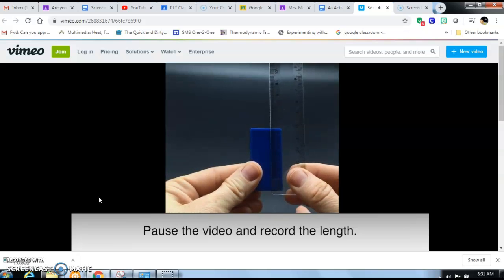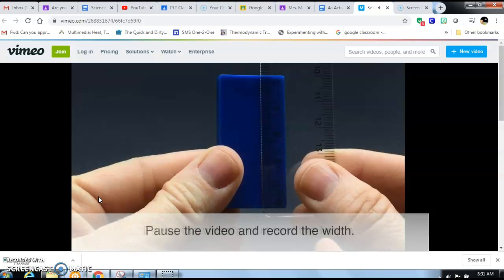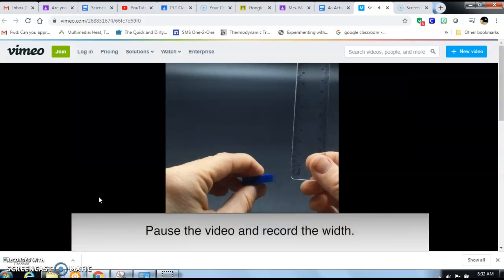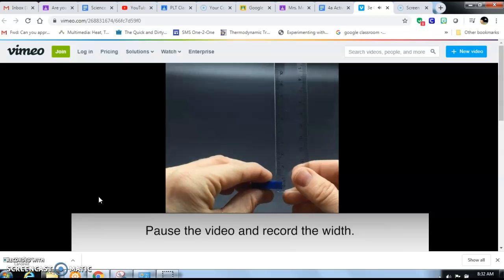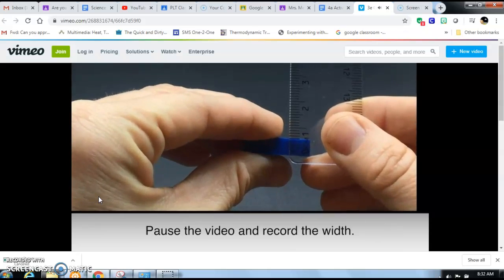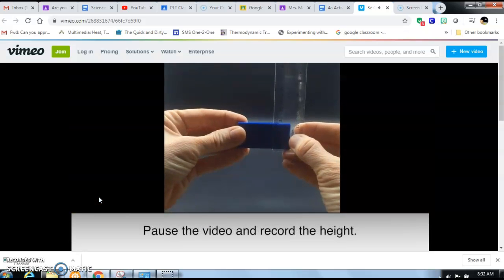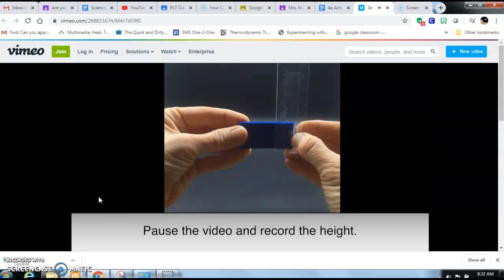Polypropylene plastic. Pause the video and record the length. Pause the video and record the width. Pause the video and record the height.